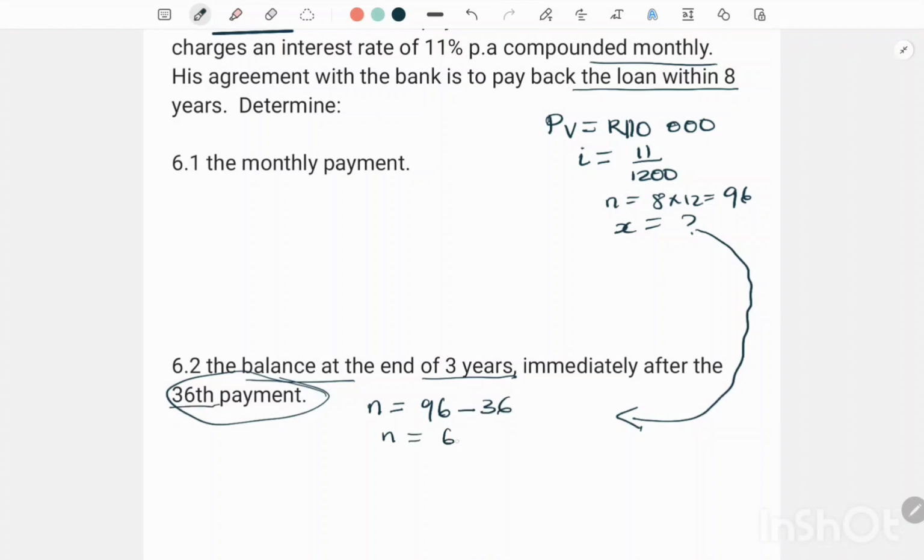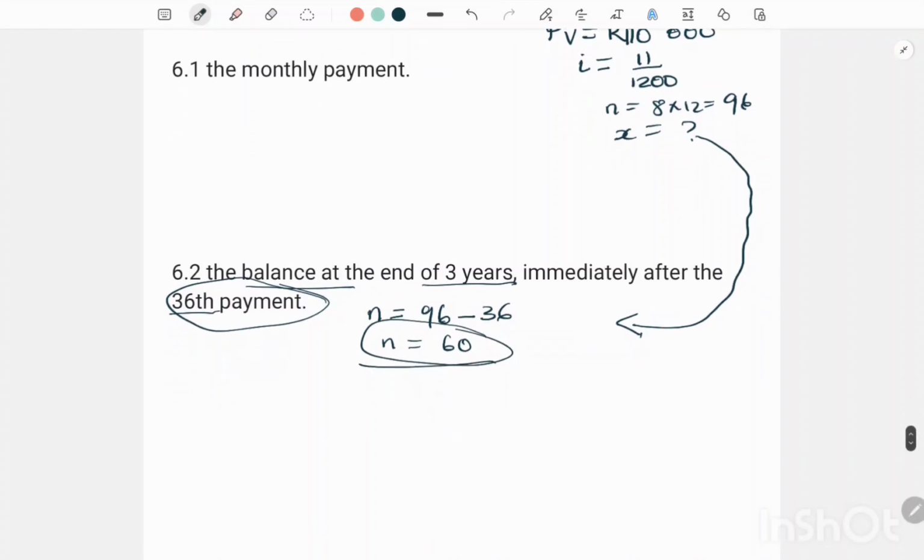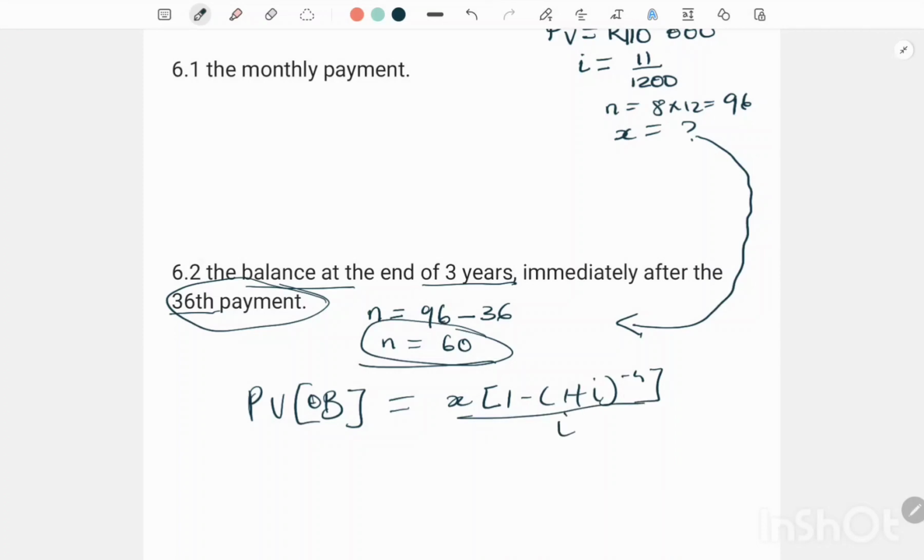So N is 60. Okay? Then you're going to use the very same X. Then it is your outstanding balance. You use the very same formula, but in replacement of N, you put the remaining period.